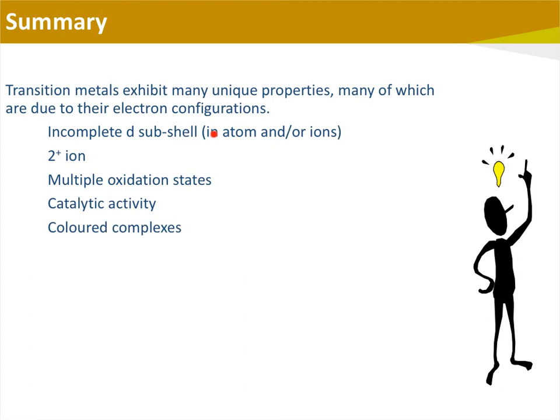So we have an incomplete d subshell in the atoms or the ions. We have a 2+ ion as one of the ions possible. We have multiple oxidation states. We have catalytic activity. And we have colored complexes. The colored complexes will be the focus of 13.2. It's quite an interesting discussion, actually.